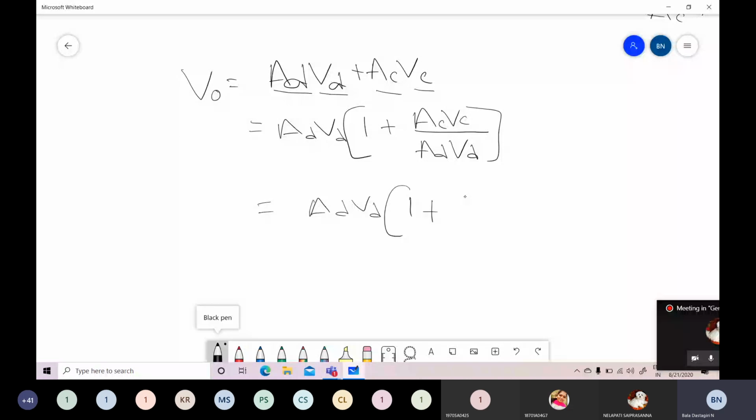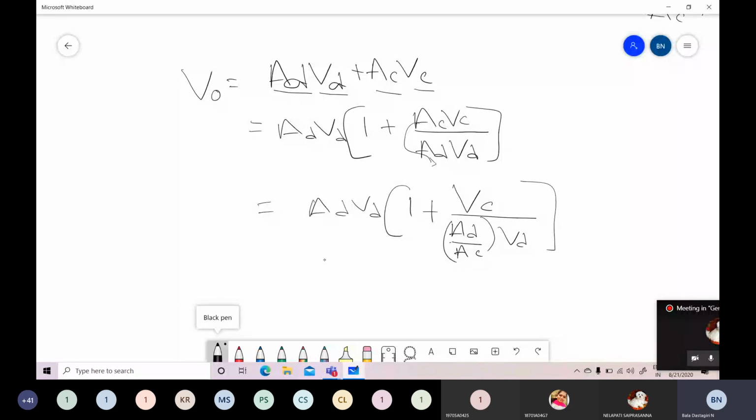So you can write it as VC divided by, so if you take AC below here, you can write the equation as AD by AC. So this AC is brought down here. So AD by AC, so V into VD as usual.